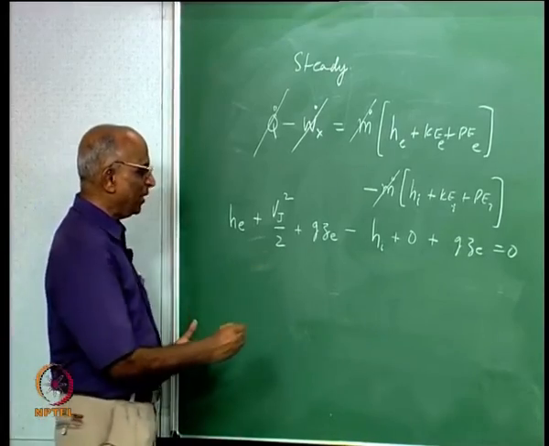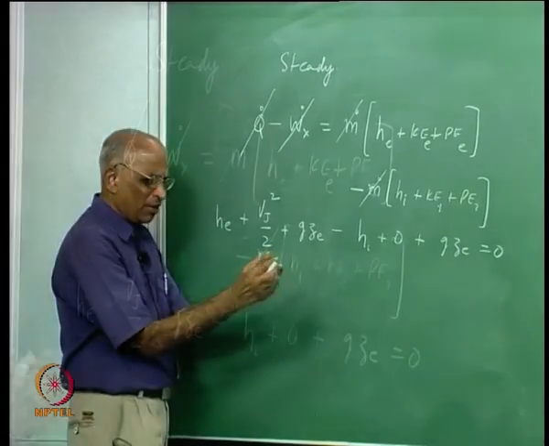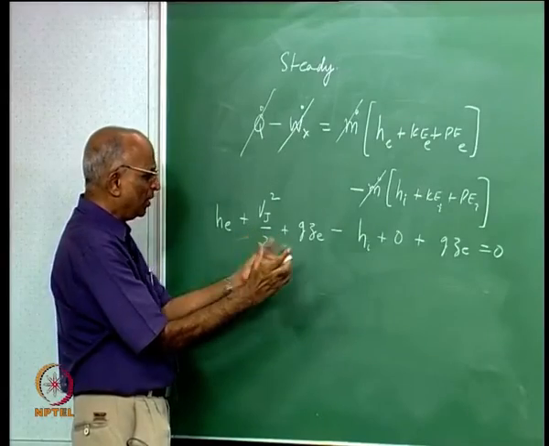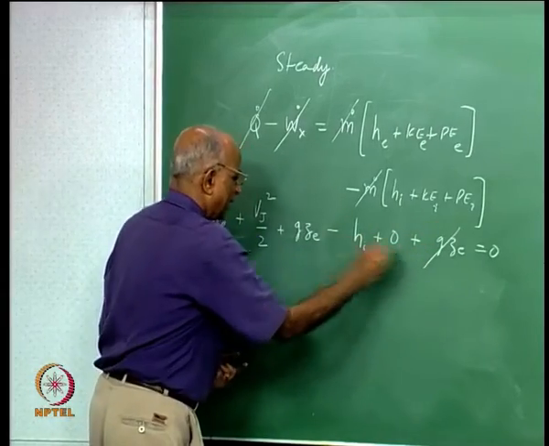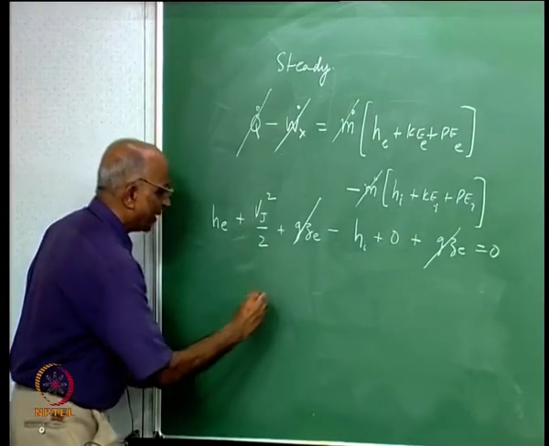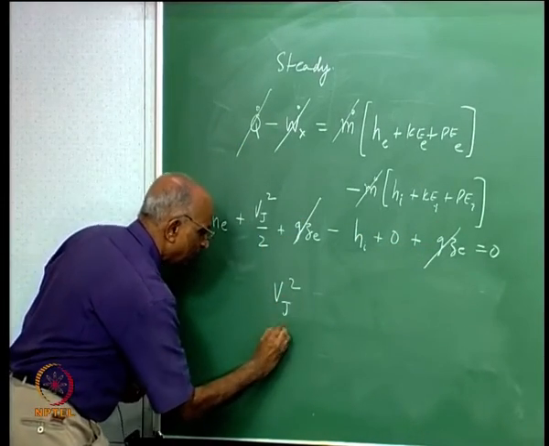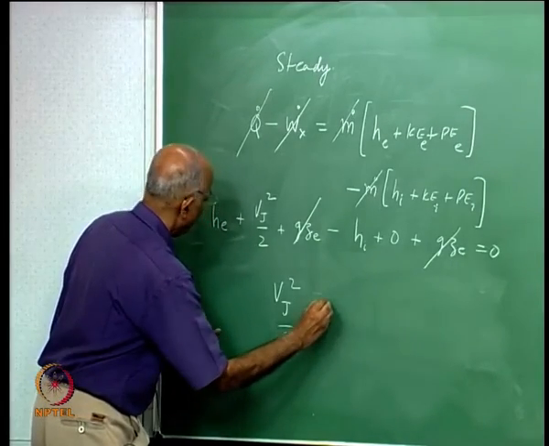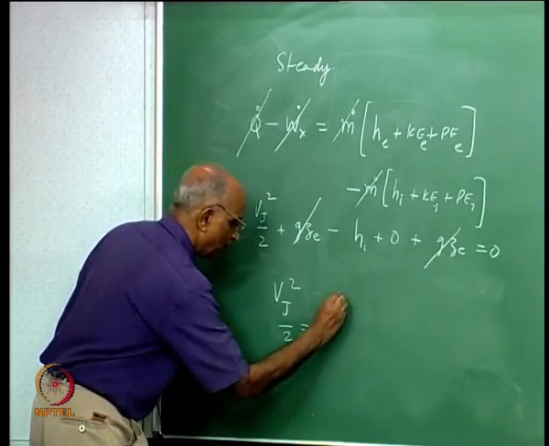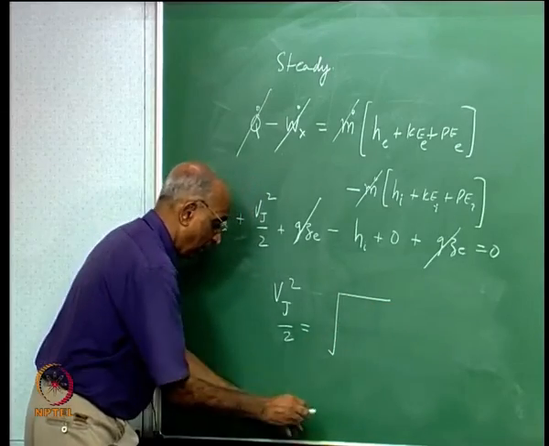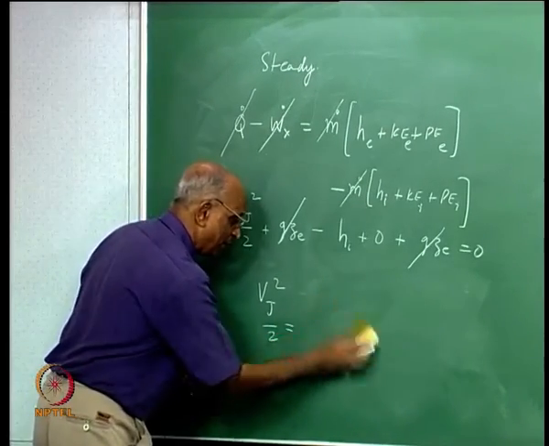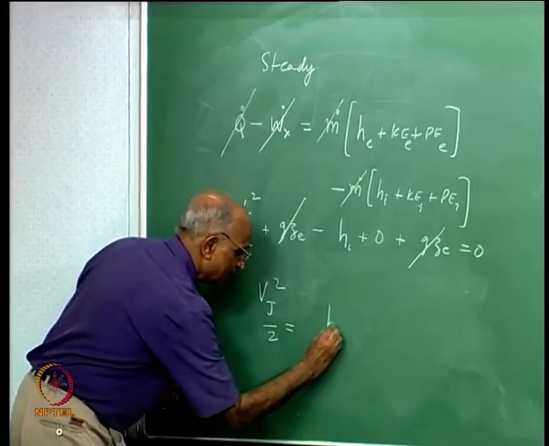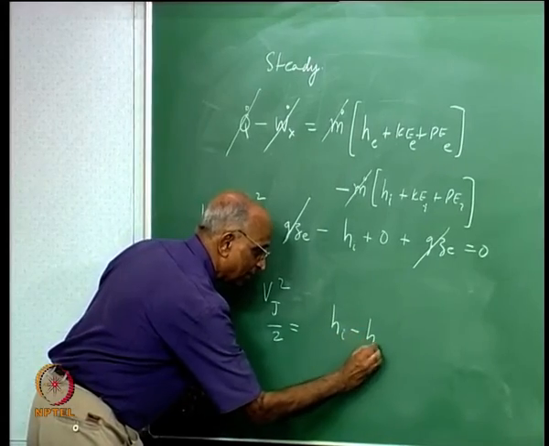Therefore, the nozzle or the vent is so small that the change in height is very small, I can neglect this, and now I write Vj square divided by 2 is equal to, I take it on the other side, I am still having the square term over here, therefore I get Hi, enthalpy at the entry, minus enthalpy at the exit.